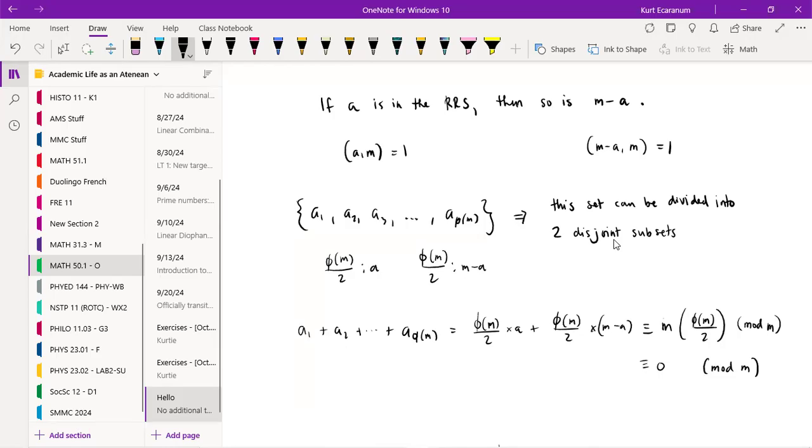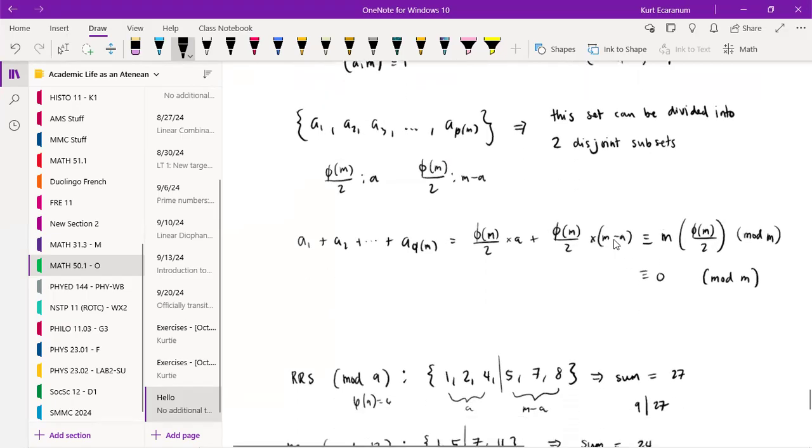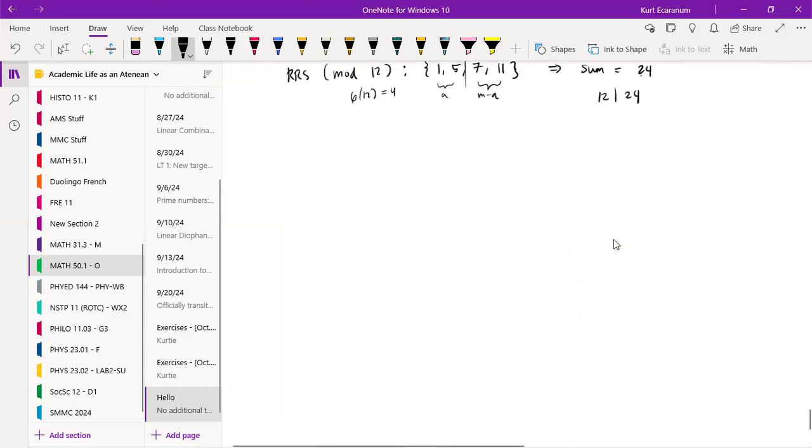I am thinking kasi of something na might be pwede natin gawin, na since alam nga natin na kung merong A sa reduced residue system, meron ding M minus A, I am thinking of a scenario na ipag-add natin yung same set, na makukuha muna natin yung formula itself, alternative perspective.